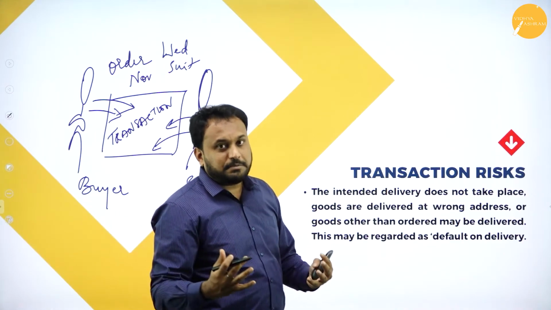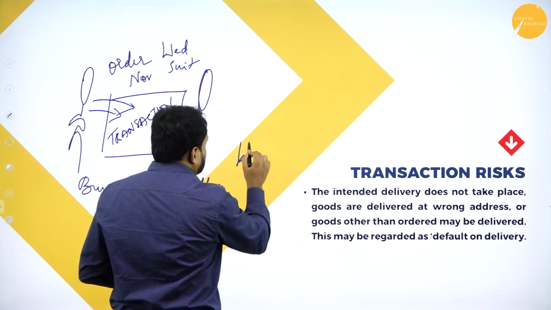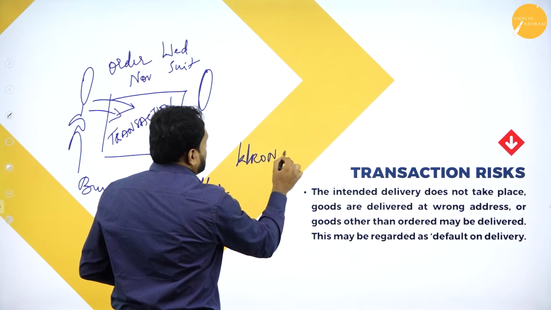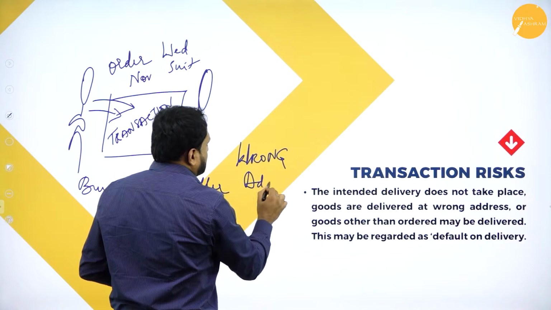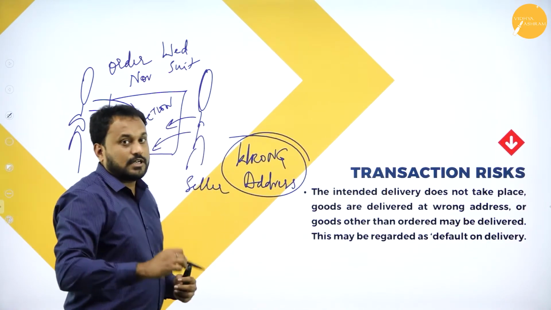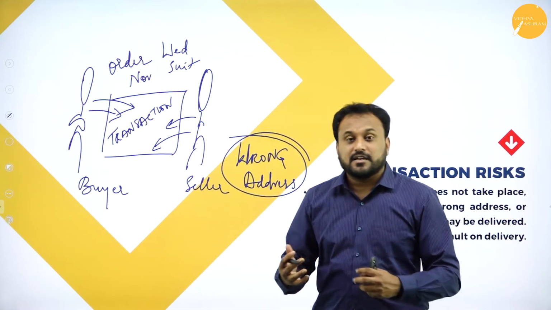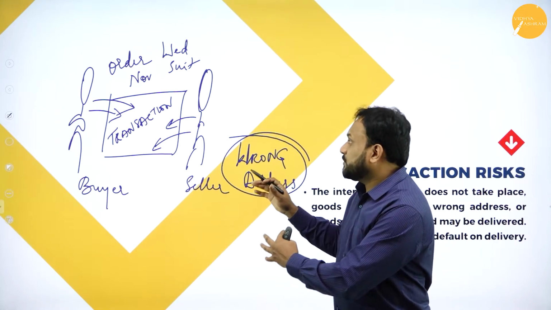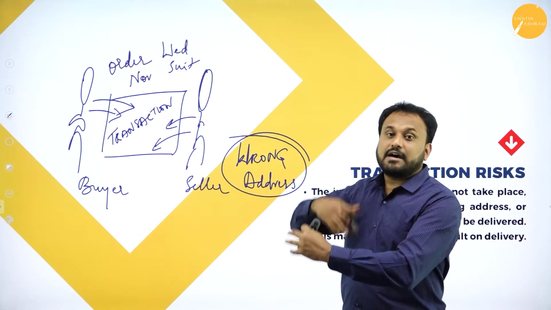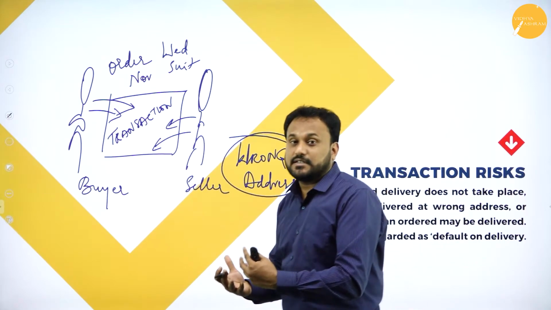The transaction has happened, but the seller has sent it to the wrong address. That is what the transaction risk also says: these are the situations which normally would happen. So it's a transaction risk.